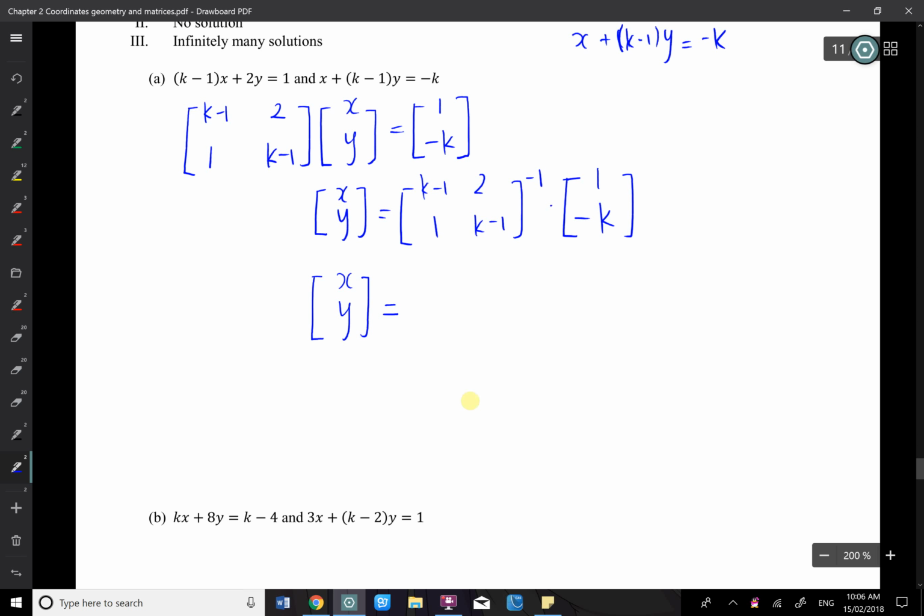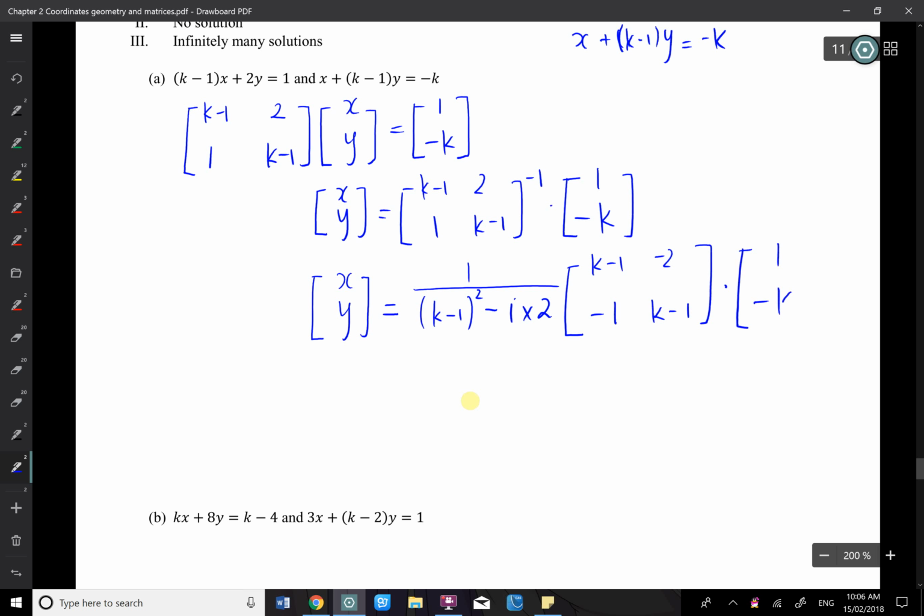It will be 1 over ad minus bc, times the matrix where you swap those two entries, which are still the same, and negate the other two, times whatever the answer vector is. We just suppose k is a value, and then we can just do that. Any questions about that?